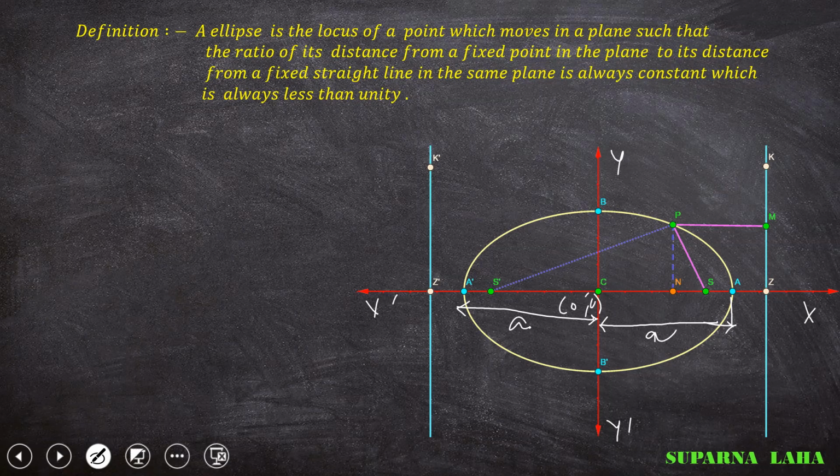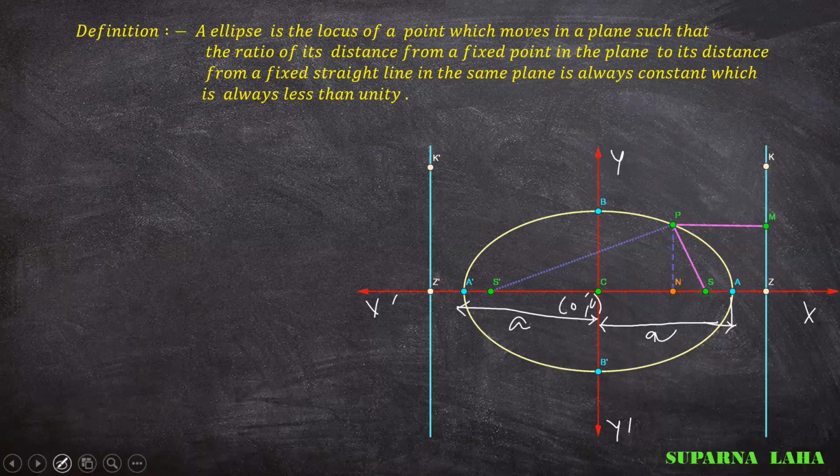Okay, so now look here. If we draw the perpendicular through S to the directrix, it will be the x-axis, right? And the x-axis cuts the ellipse at 2 points, internally at point A and externally at A dash.